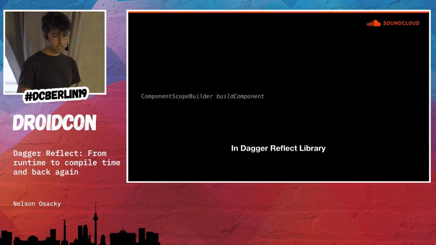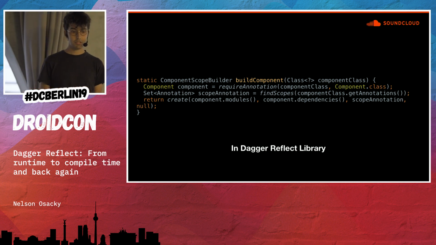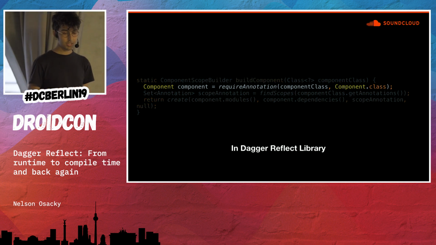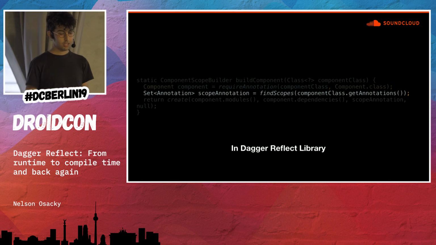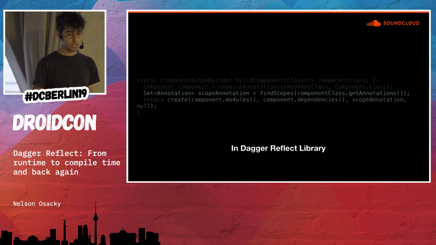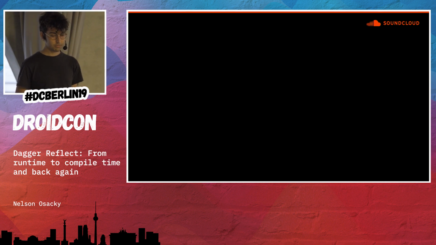And what does that do? It's also pretty much doing the same exact checks that Dagger would do at compile time. First, it checks that it has the component annotation on your component. Second, it checks for scoping annotation. So you might have, for example, the singleton annotation on your component class. And then the last thing it does is it creates that component.